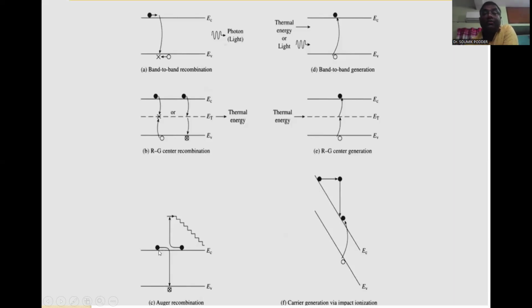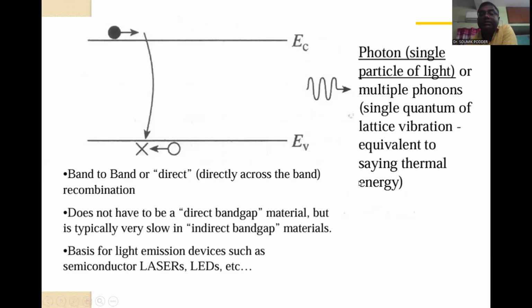The electron positioned at the minimum of the conduction band can recombine with the holes. This is called Auger recombination. Now I have already explained the band-to-band or direct recombination. Band-to-band direct recombinations are utilized in fabricating semiconductor devices, optoelectronic devices, lasers, LEDs.